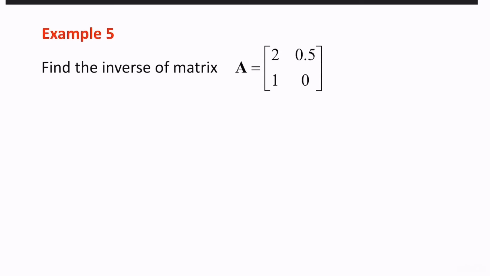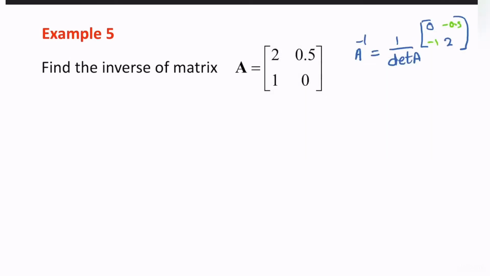So I'm just going to write down the formula of the inverse, which is 1 over that determinant of A, multiplied by swapping over. So there's going to be 0, 2, and changing the sign for the other two elements. And there's going to be minus 0.5 and this minus 1.